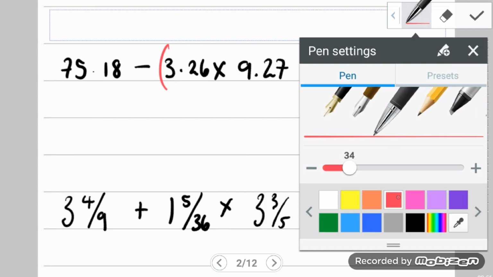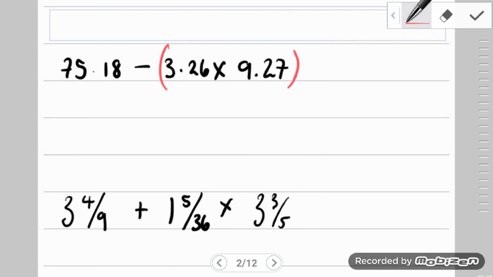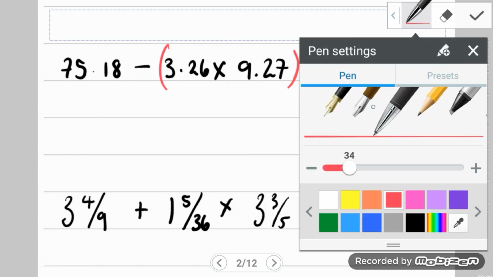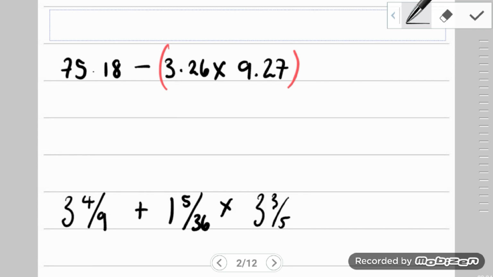So here we go. If we were to multiply 3.26 multiplied by 9.27, we should write 75.18 here and take away the result of this product. So that's 30.22.